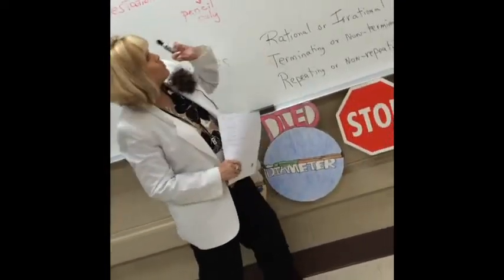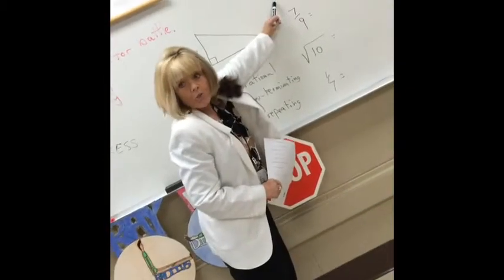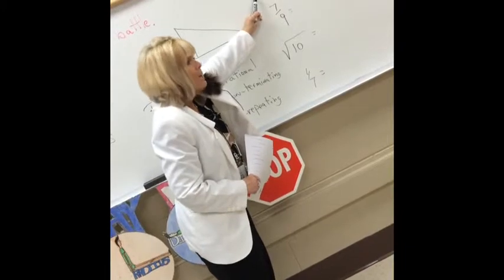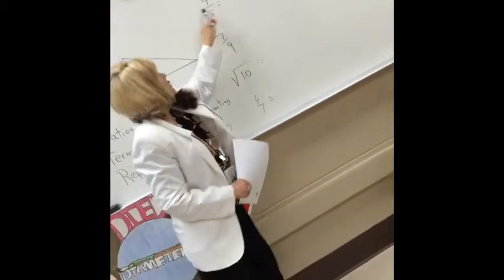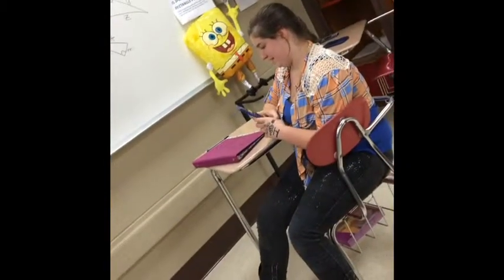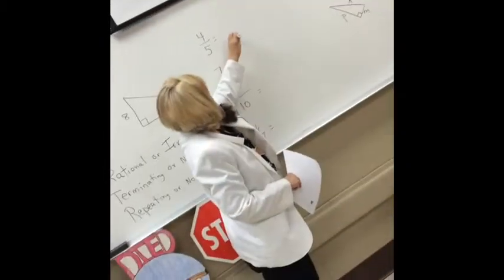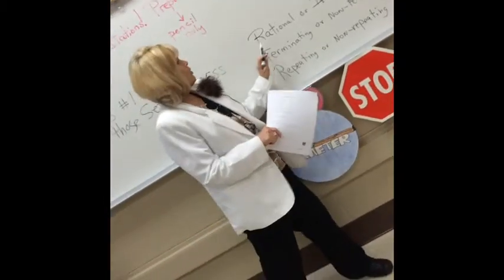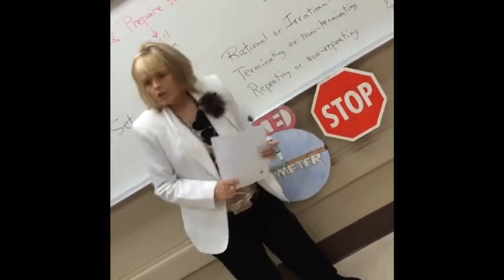Okay, so the first one is 4/5. You have to write that as a decimal. No pencils. To do that, punch 4 divided by, that little bar means divided by, 5, and tell me what it says. 0.8. Okay, so you got that part done. Now you have to tell me if it's rational or irrational.